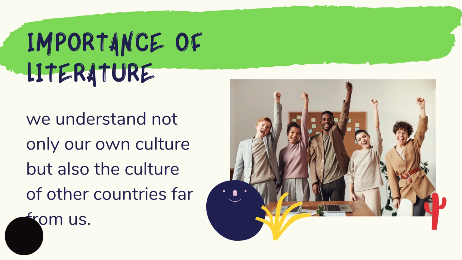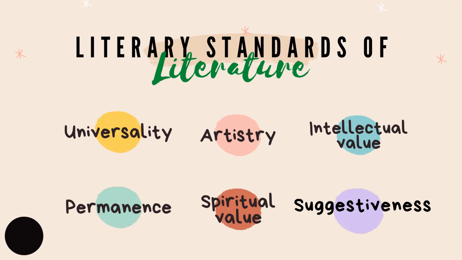And before we do something, let's try to educate ourselves first with proper pieces of information, so that we won't be misled of the things that we are not aware of. Okay, so let's try to have a quick review of these literary standards of literature. We have 6: universality, permanence, artistry, spiritual value, intellectual value, and suggestiveness.